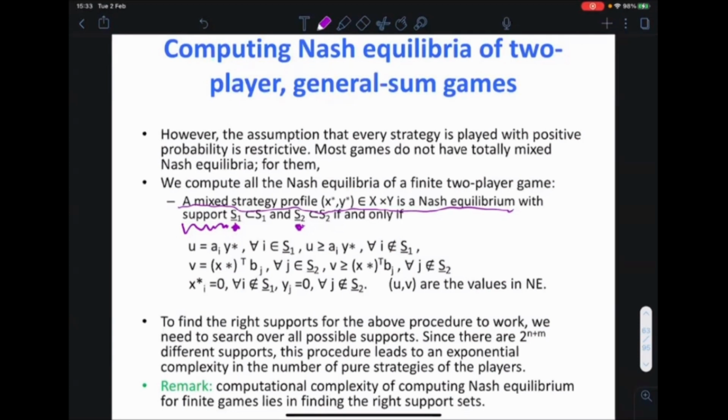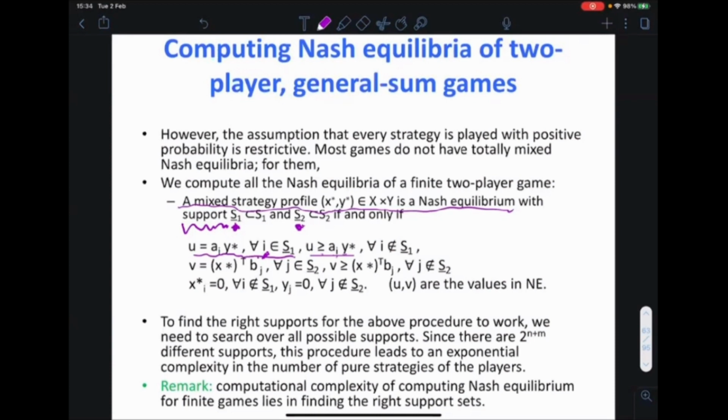If you define that, then the payoffs have the same value for each pure strategy index i in the support set. If it's not in the support set, I won't play that action, and therefore its value is smaller than that. It's quite obvious: if it were larger, you would obviously play that particular action.